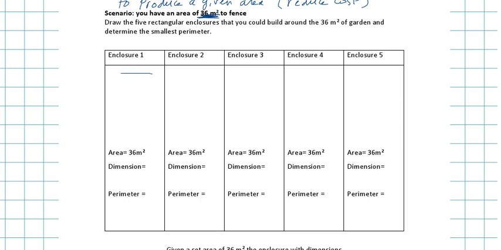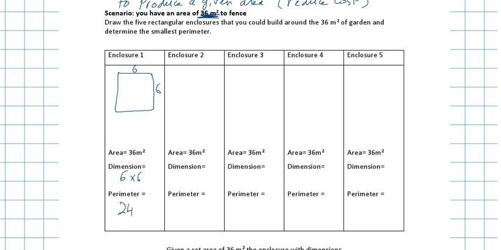What would be my perimeter if I have 6 by 6? Perimeter, 24. What would be my unit? Just meters.